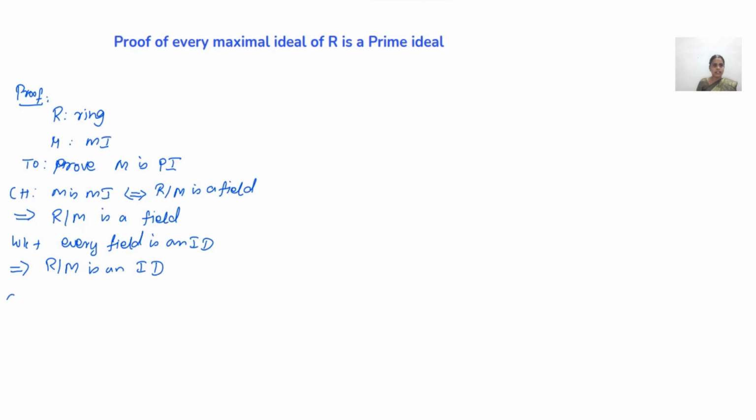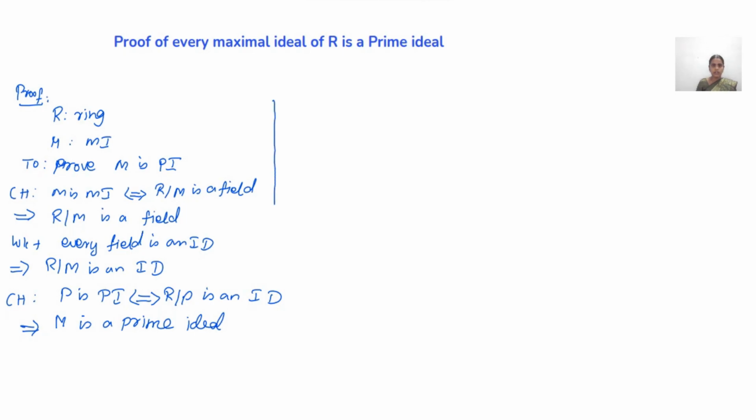Then by the other characterization, which says that P is a prime ideal if and only if the quotient ring is an integral domain, and here R by M is an integral domain, we can say that M is a prime ideal. Thus we proved that any maximal ideal is a prime ideal.